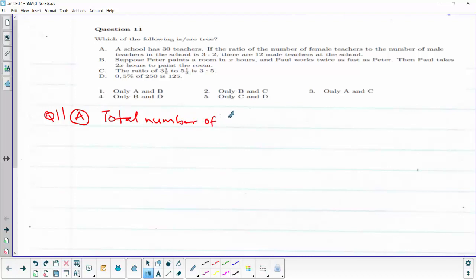Of teachers, we have 30. So that's 30, and then we are given the ratio of female to male, which is equal to 3:2.